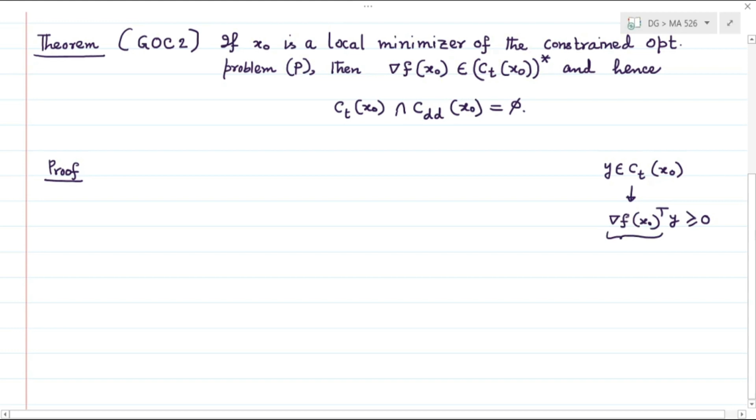That is the definition of the dual cone, right? So here let us start our proof by letting an element y belong to the tangent cone at the point x naught.